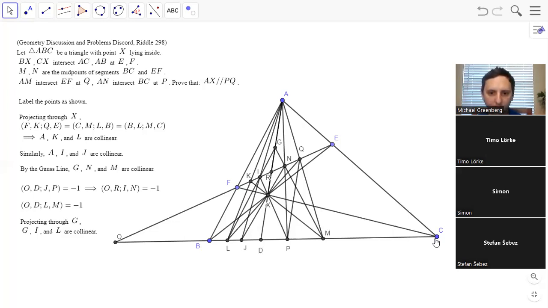So I think that's the same as showing that, let me think about this. QX intersects BC at L. So we have a triangle AML.